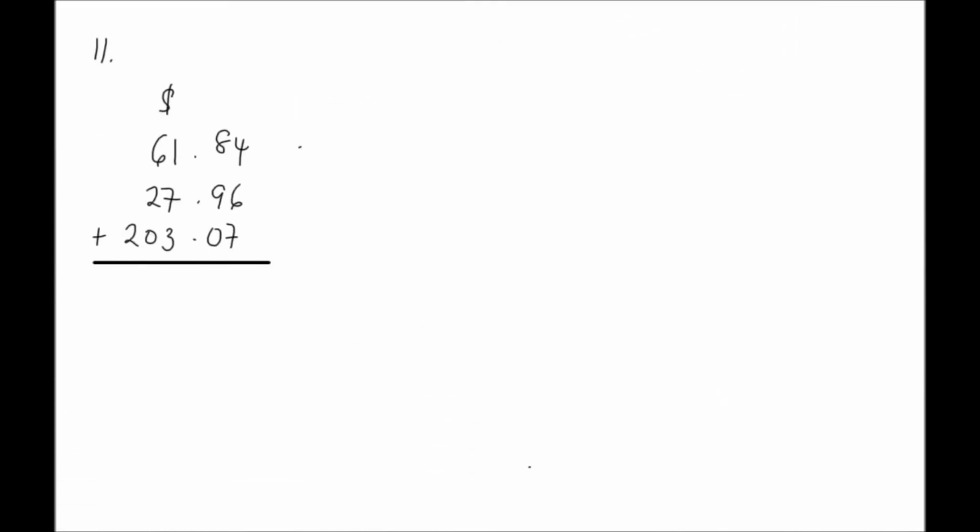Number 11 says, what is $61.84 plus $27.96 plus $203.07? Let's add. 6 and 4 would make 10, and 7 would make 17. We put down our 7, carry 1.